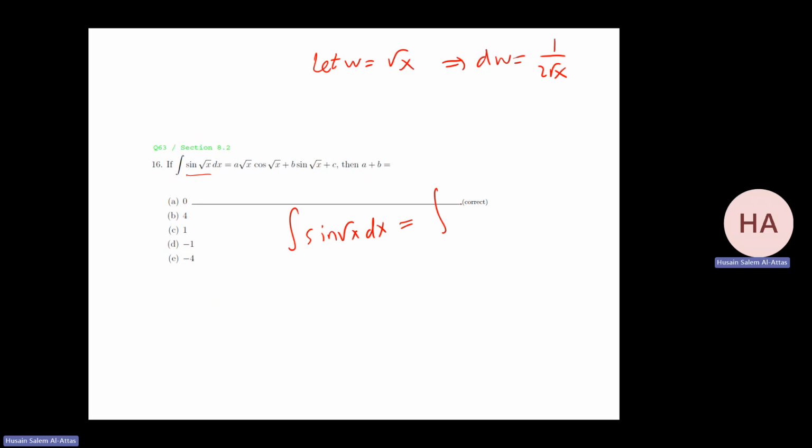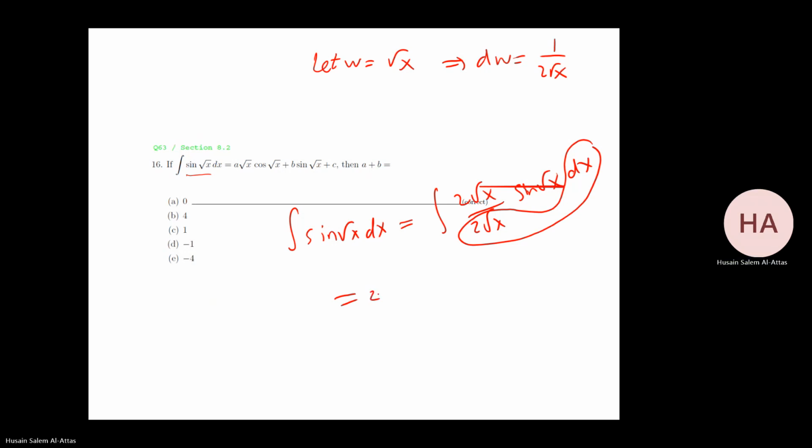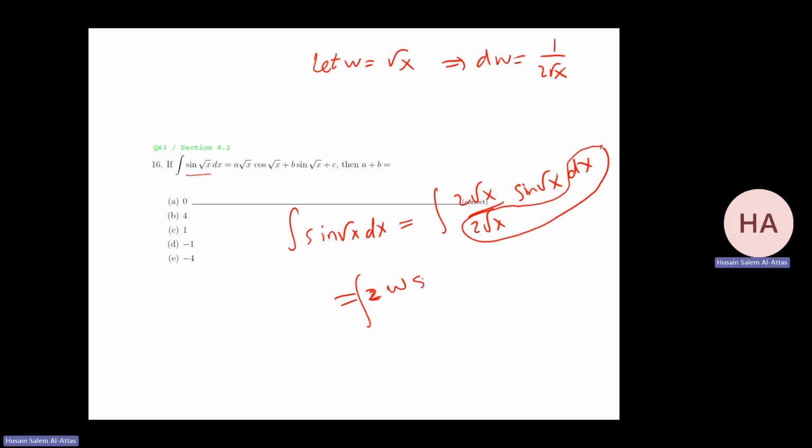That will be 2 square root of x over 2 square root of x times sine square root of x dx. This will be my dw. So I have 2 integral of w sine w dw.